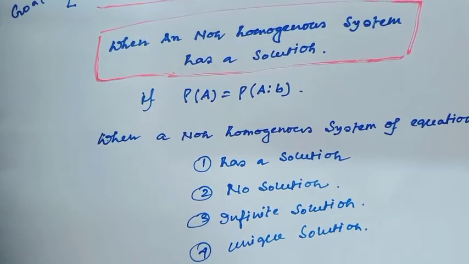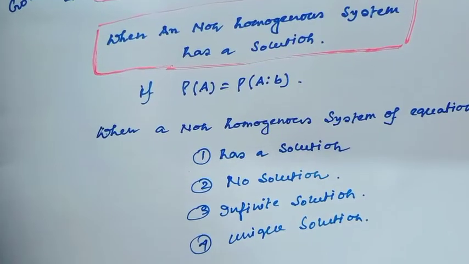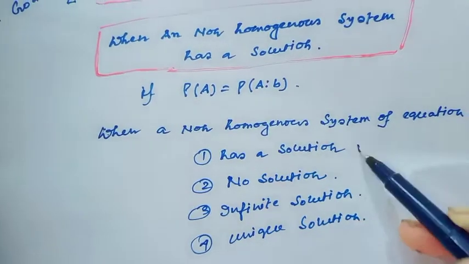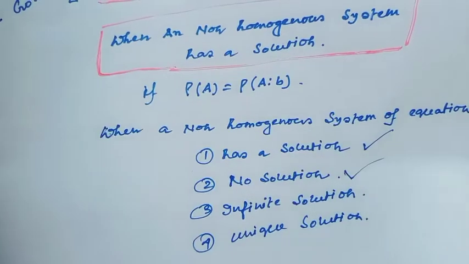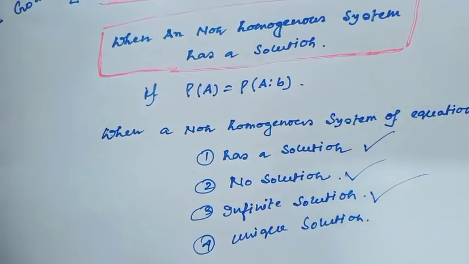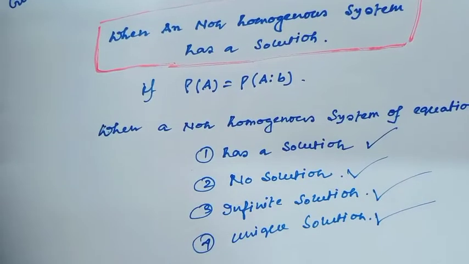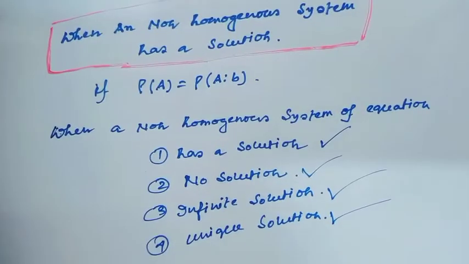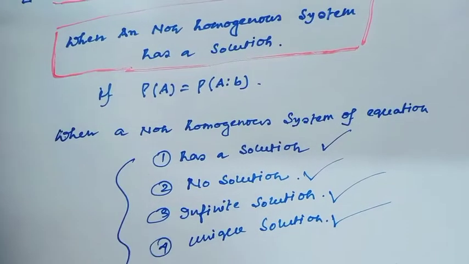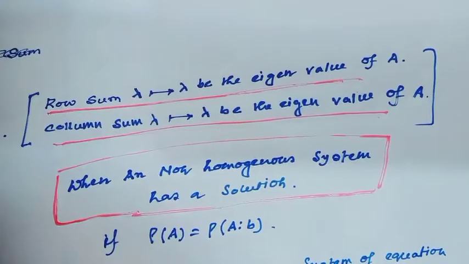Then I will say when a non-homogeneous equation has no solution, has an infinite number of solutions, has a unique solution. We all know when this solution exists, when there exists no solution. But I will see some questions based on this property.